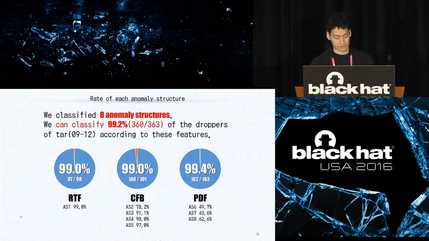O-Checker checks 8 kinds of deviations from document file format specifications. As I do not have time enough to cover all the deviation structures, please refer to my white paper for more information.